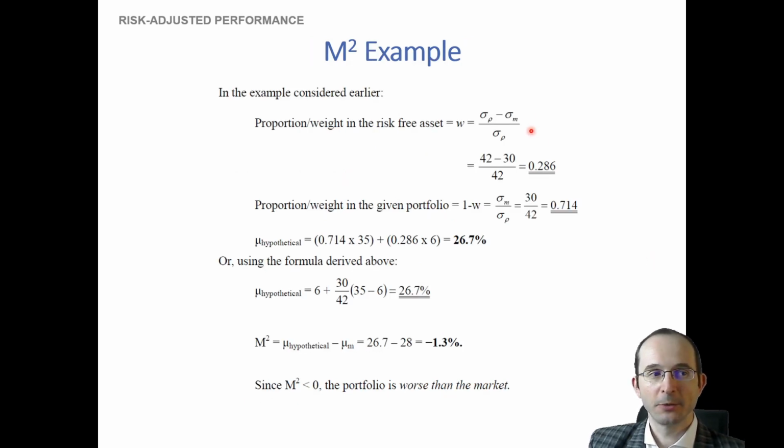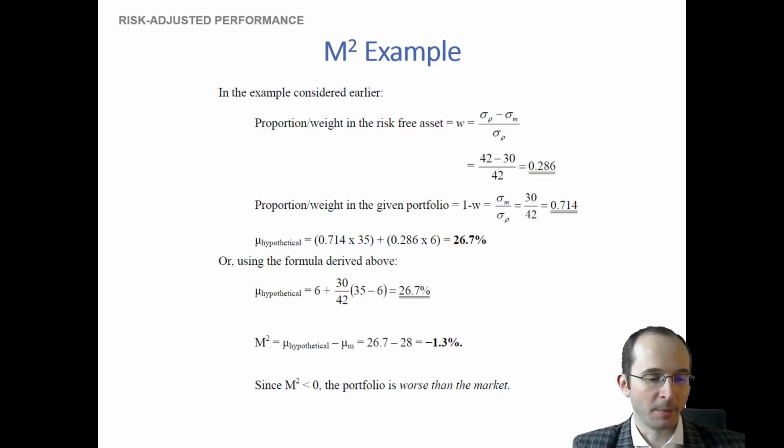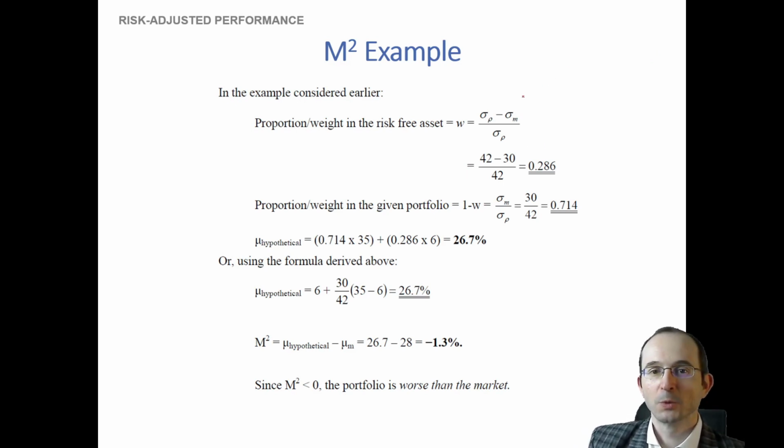So let's go through an example. Remember, our total risk was measured as follows. Our total risk of the candidate portfolio was 42%, and our total risk of the market portfolio was 30%.